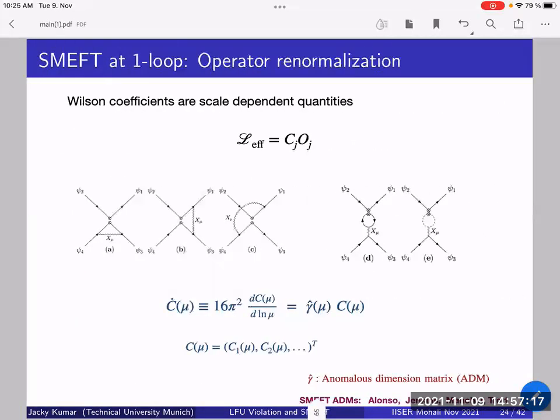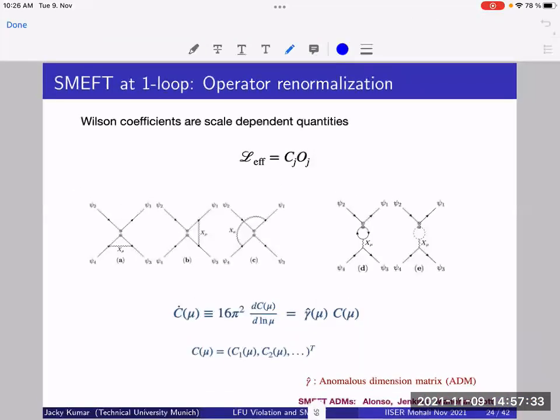Now, as you know, you have to renormalize your effective operators. When you calculate these one-loop diagrams, they will diverge, and then you have to renormalize, and this causes the running of these operators. So these C's are not constants; they depend on the renormalization scale, and this is governed by the renormalization group running equation, which is basically a differential equation.